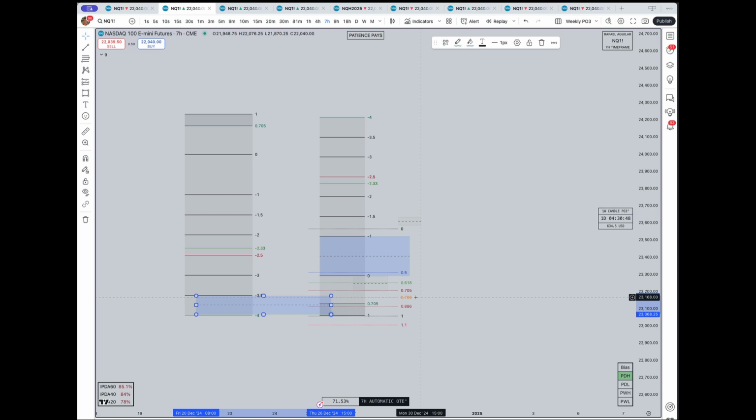Sometimes price trades until here. So you have two options: you have a limit order on one of these levels and you place the stop below this low, or if you want to try to be more precise and have a smaller stop loss, you wait to see if price will trade here, here, or here, and you enter market.